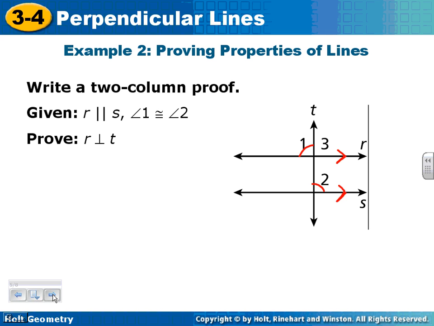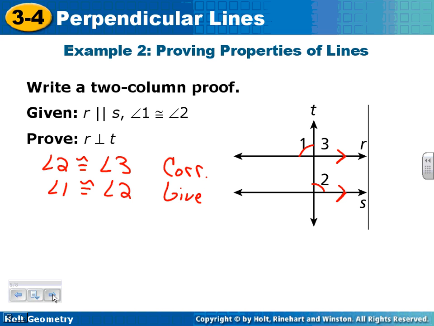Well, if the lines are parallel, wouldn't angle 2 be congruent to angle 3? And if you look up on the board in my room, that's because they are corresponding angles. Well, doesn't angle 1 equal angle 2? Isn't that given up there in my directions?